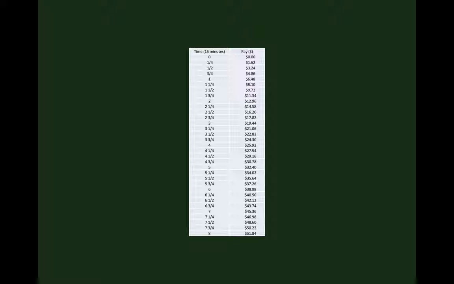But often employers would have charts like this on the wall. So you could look at the chart and see that, oh, I worked 3 and 3/4 hours. That would mean I should get paid $24.30 or something like that. So they also had tables like this to calculate sales tax and things like that back before electronic calculators were available widely.